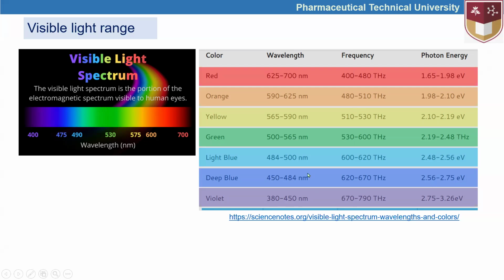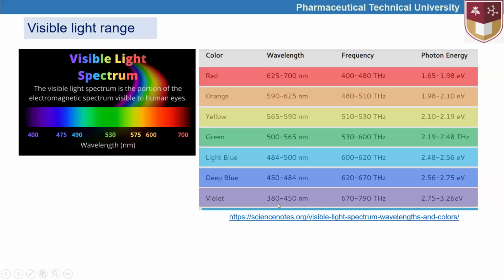So we can keep in mind that wavelength and photon energy are inversely proportional to each other. The smaller the wavelength, the higher the photon energy and the higher the frequency.